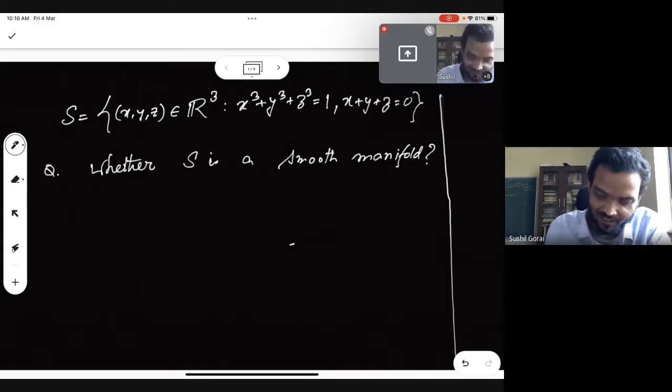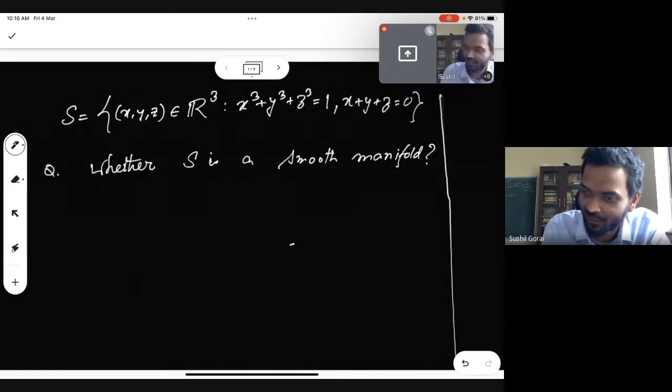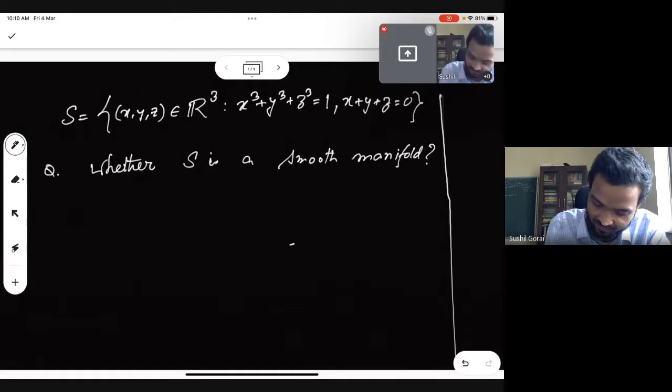Well, the first thing you must have tried is whether you can apply the implicit function theorem. So what was the function?